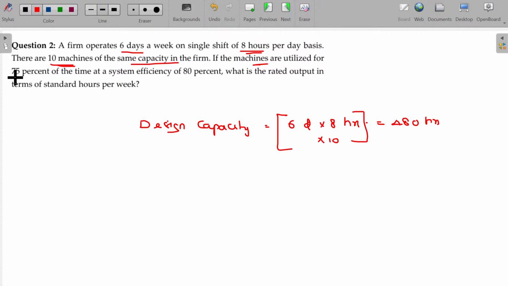If the machines are utilized for 75% of the time, how much are we utilizing? Only 75% of available time. So here it is not utilized hours; out of 480 hours, how much are you using? Only 75%. So that is called the utilized ratio, 75%.